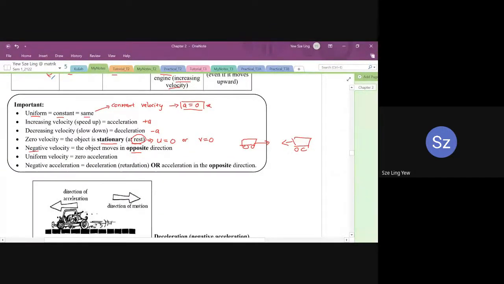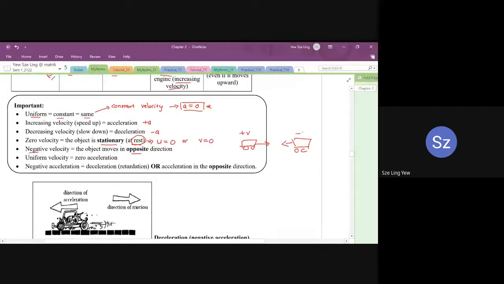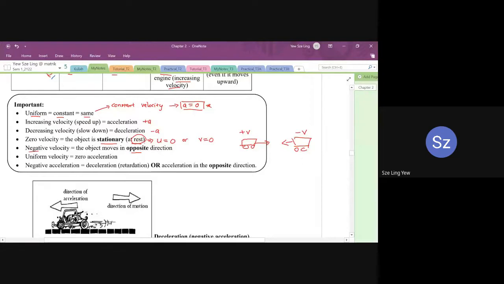In this case, you will have one positive velocity and one negative velocity because the second car is moving in the opposite direction. First car, second car. So one positive, one negative. If you have two objects moving in opposite directions, one of them must have a negative value.